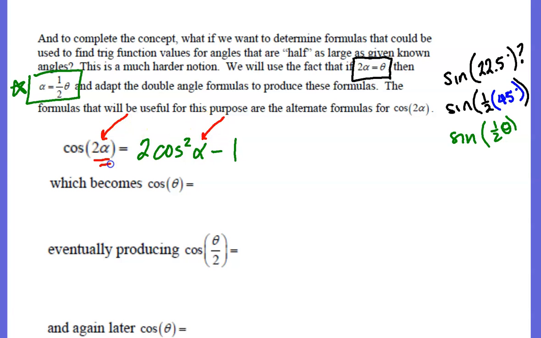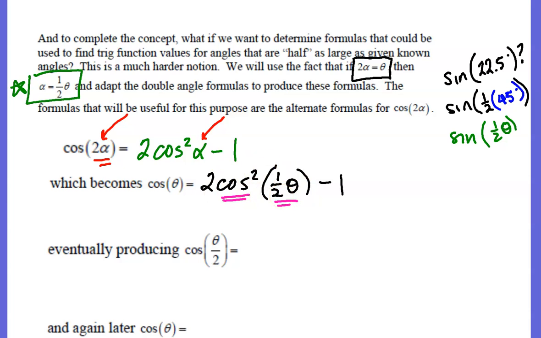I have said that 2 alpha is replaceable with theta, bingo, which means that this alpha is replaceable with half theta. Because I made that relationship initially, because this one is a double and goes to half of itself, I can then go, well, if that's a theta, then that would be half of itself. Again, you don't have to prove these again, I'm showing you. So check it out. This is really crucial. This part right here, I've introduced this idea of a half angle. I just need to now solve for it.